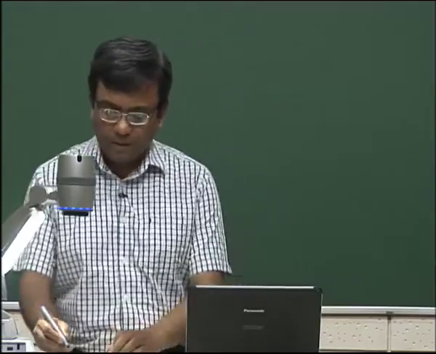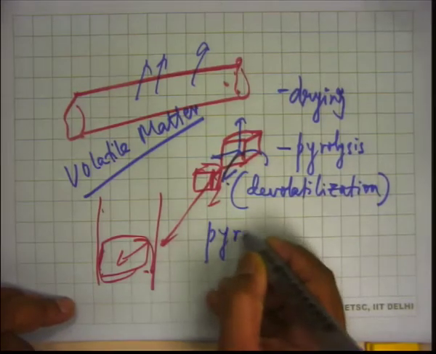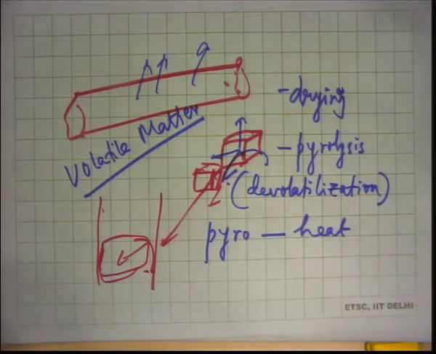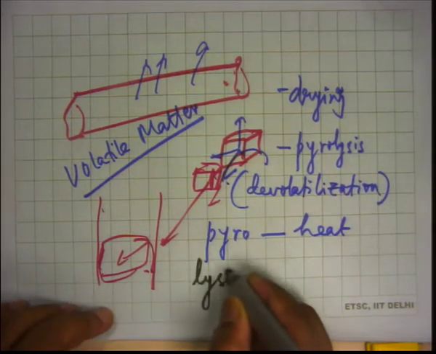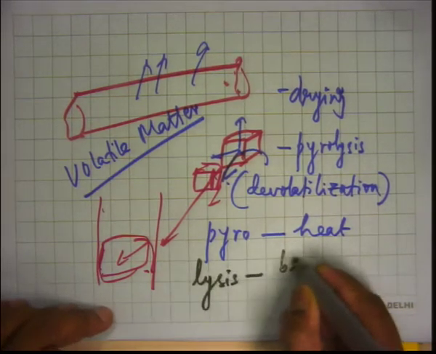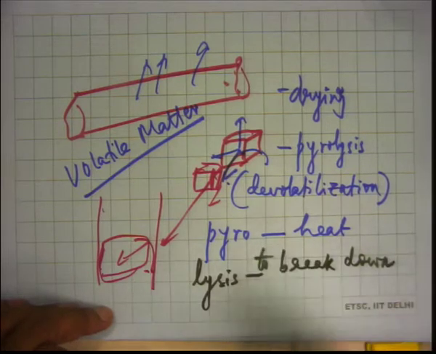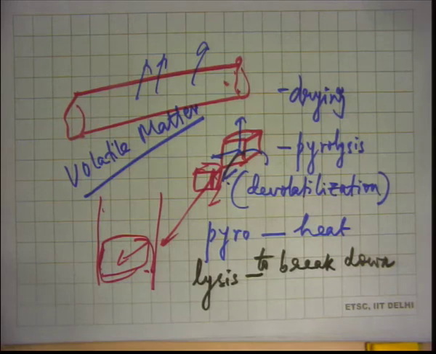Now, pyro means heat. I think it's a Greek word. So pyro means heat, and lysis means to break down. For example, when you are doing an analysis, you are breaking down a situation and trying to understand different aspects of it.